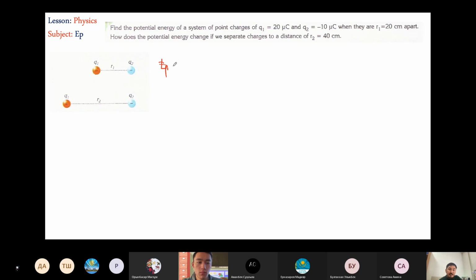Potential energy at the first point is 9 times 10 to the power of 9, multiplied by 20 times 10 to the power of minus 6 and minus 10 times 10 to the power of minus 6, over the distance that's given. Let me convert it immediately to meters, 2 times 10 to the power of minus 1.